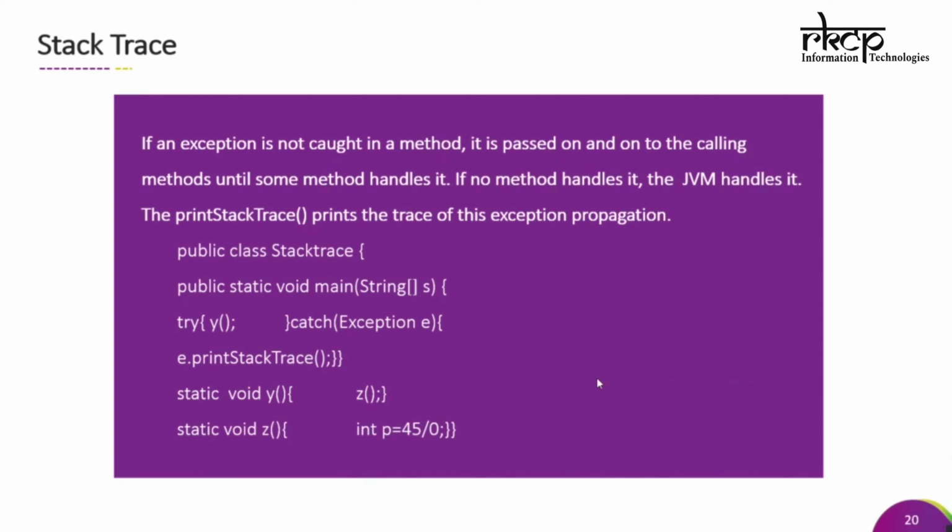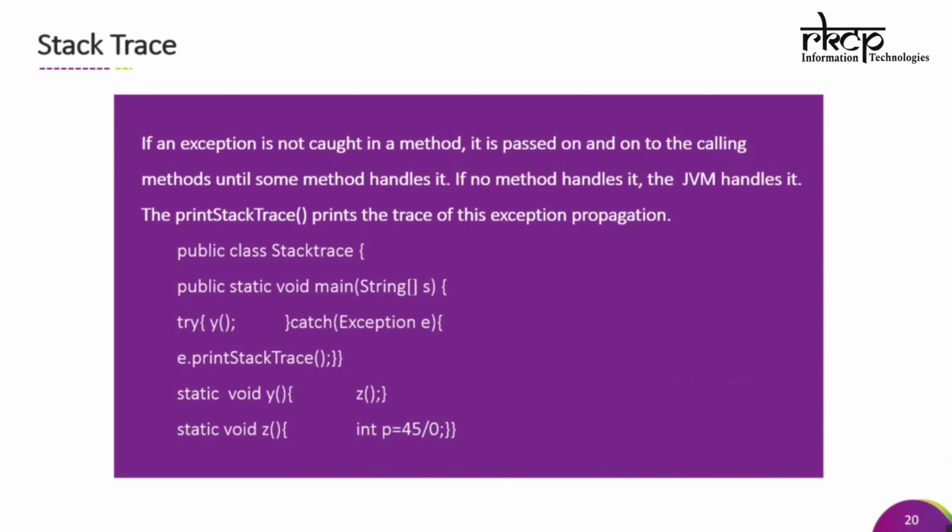In the same way, the stack trace. Suppose an exception is not caught in a method; it is passed on and on to the calling method until some method handles it. It means you are passing your exception with throws. So there are multiple methods which are going to call, and if everywhere you are using throws, then it will create one stack.